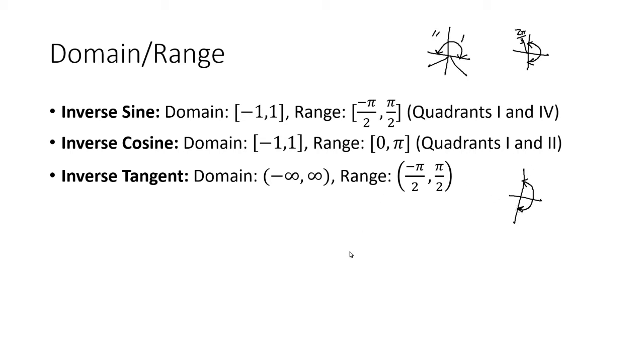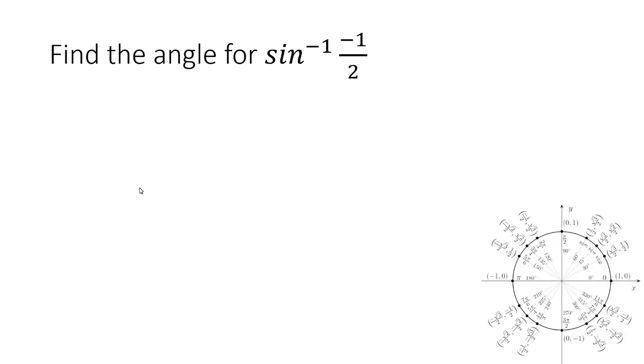Okay, let's look at how to use these. Our first example is find the angle for the inverse sine of -1/2. All we have to do is write theta equals, and look and see where the sine is -1/2. Remember that it's cosine theta, sine of theta, so these are our x values and these are our y values.